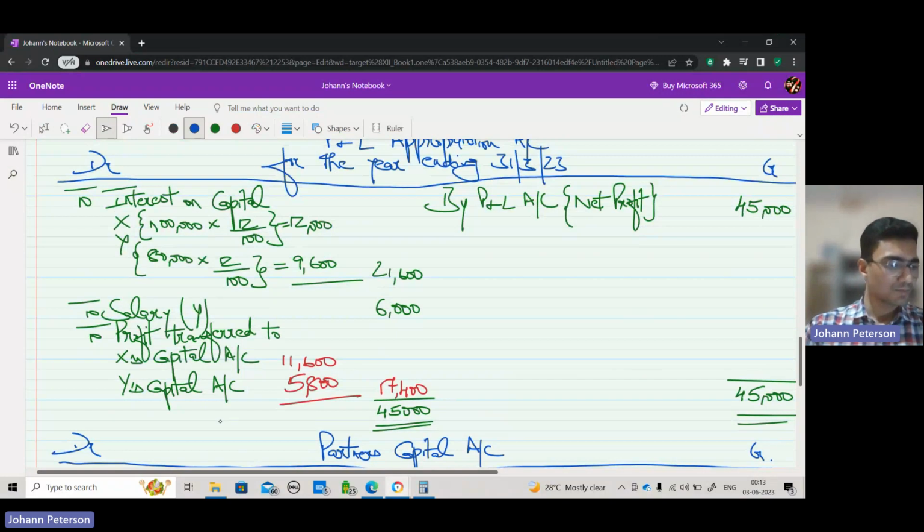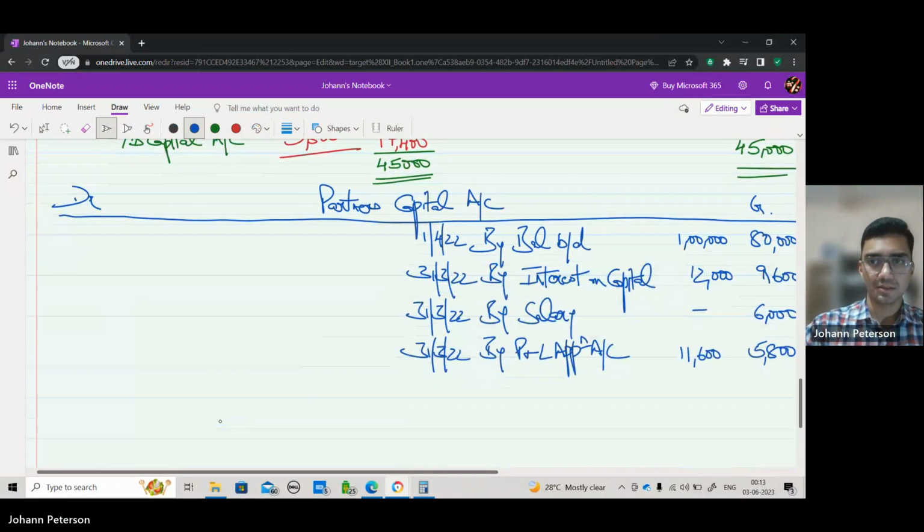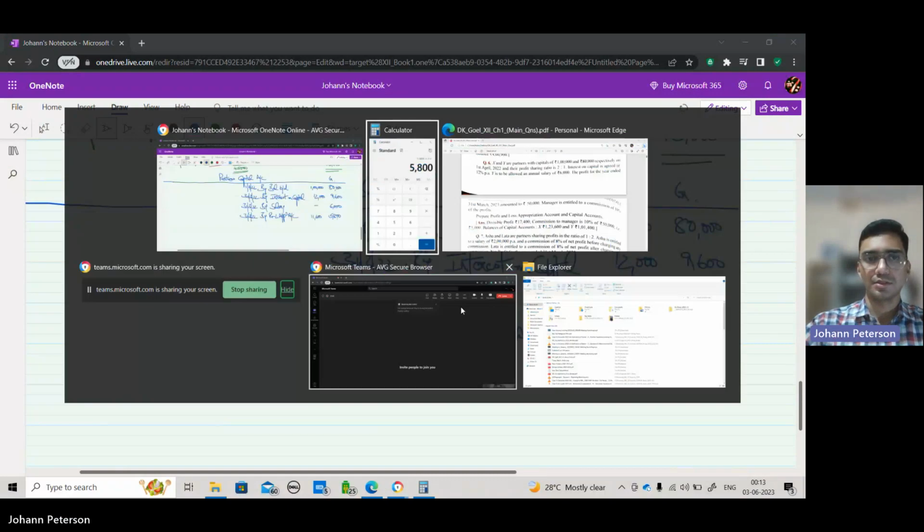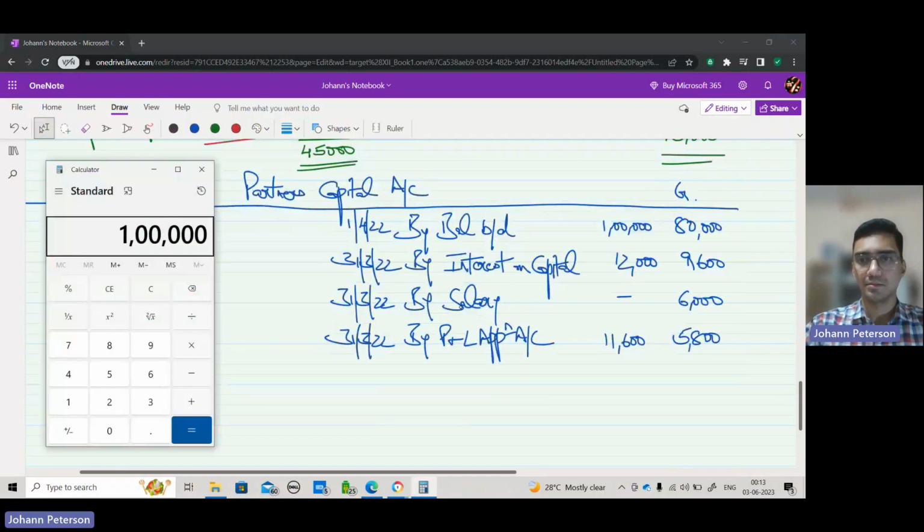So let's calculate a balancing figure of this. So what's our total? Definitely the total on the credit side is more. So that is 1 lakh plus 12 and 11 makes it 23. So 23,600. So 1 lakh 23,600 is my total.